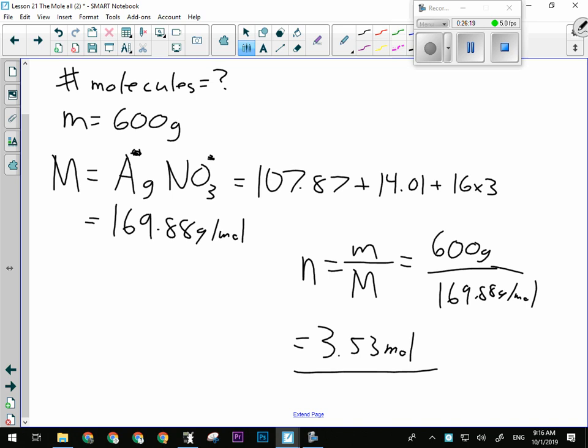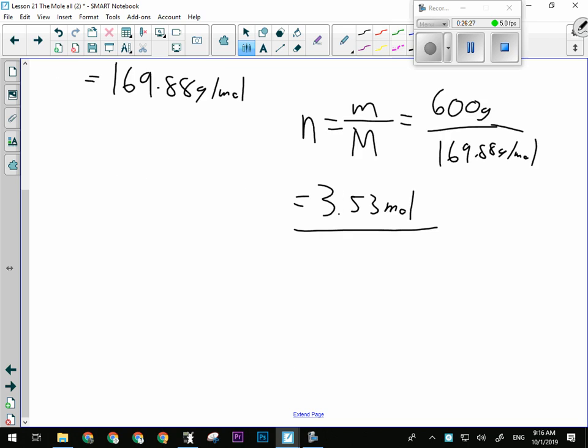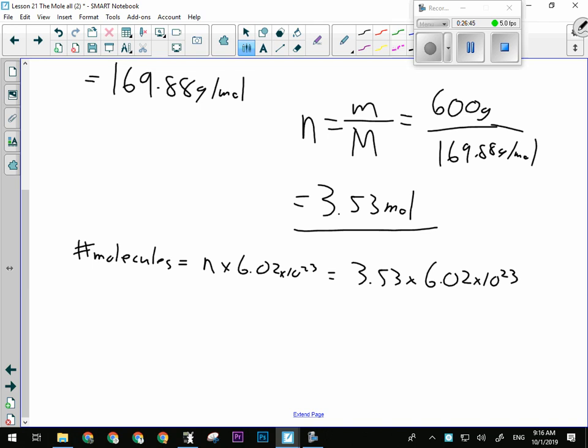Question wants the number of molecules. What do I do next? Multiply by Avogadro's number, because Avogadro's number is the amount of particles in 1 mole. So, number of molecules, N times 6.02 times 10 to the 23, which will be 3.53 times 6.02 times 10 to the 23.